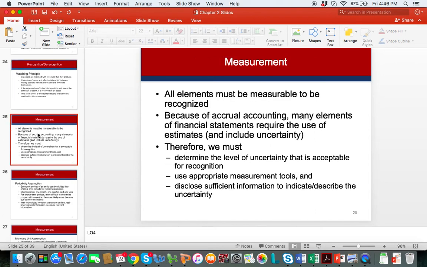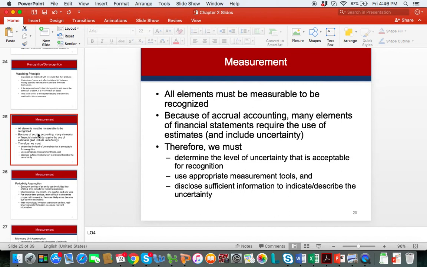Now we're going to look at measurement. All elements must be measurable to be recognized. It can't be a case where you can measure most parts of a product you're selling, but not one part because you can't put a value on it. Then you don't have a reliable measurement.